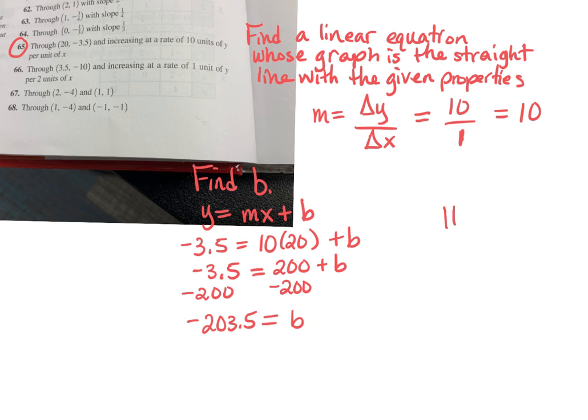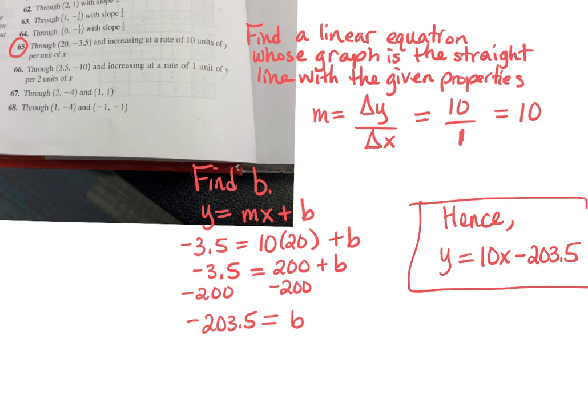For the equation, we get y equals 10x minus 203.5. Good. Very good, all three of you. So you have y equals 10x minus 203.5. Is there anything else for us to do? No, because we did exactly what the question asked us to do. This is what we found. What questions do you have there?